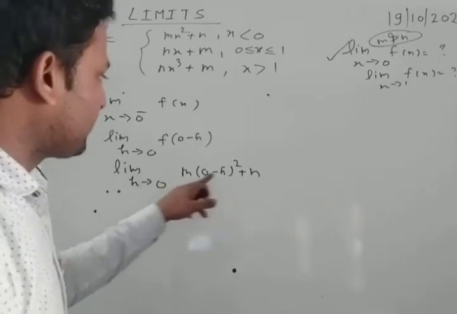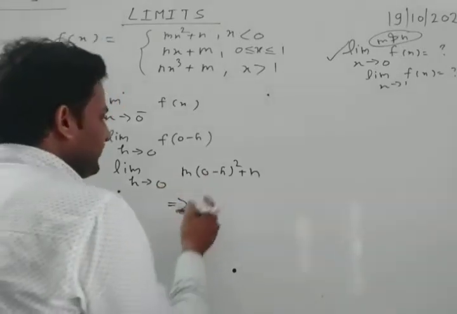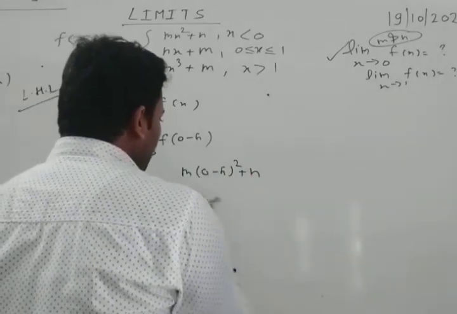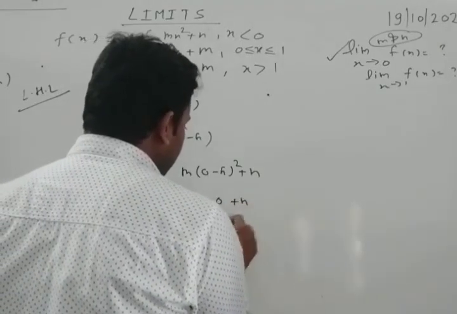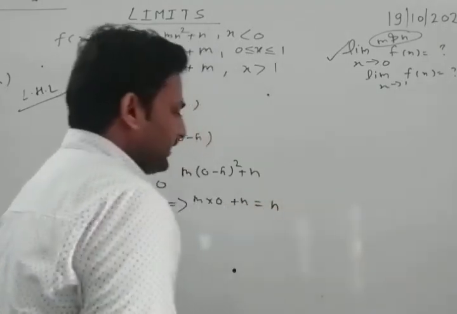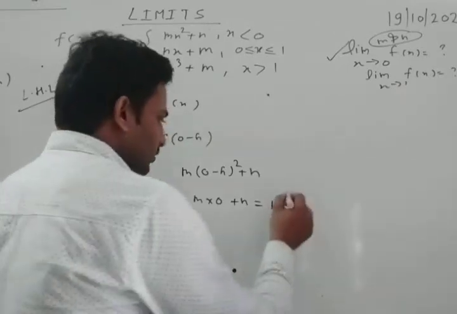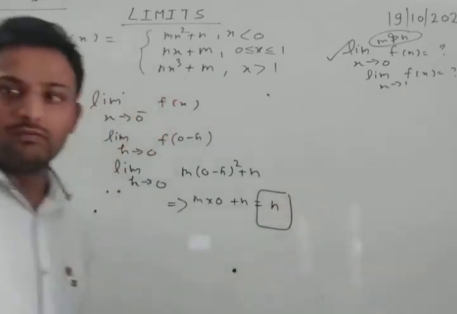If we put h equal to 0 here, this whole quantity is 0, plus n. So this left hand limit is n.